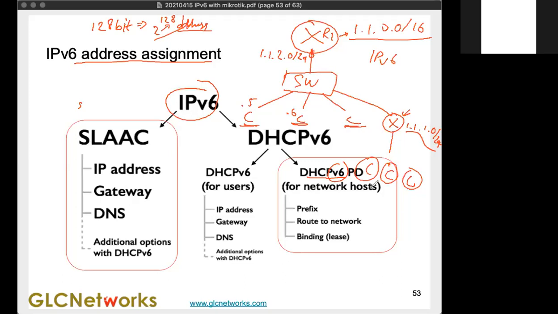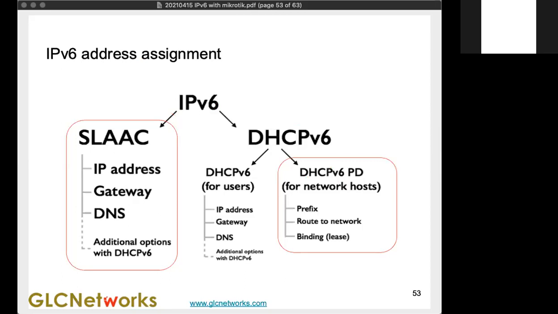You can do that, but there is an extension where you can assign a prefix instead of a single IP address. Okay, so that's why it's called PD, prefix delegation. Okay, so these are new in IPv6. The one that is circled with red here is the new in IPv6.